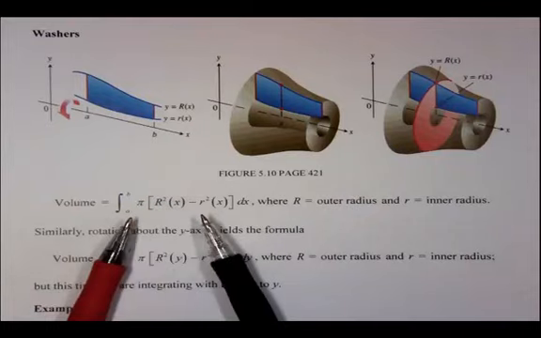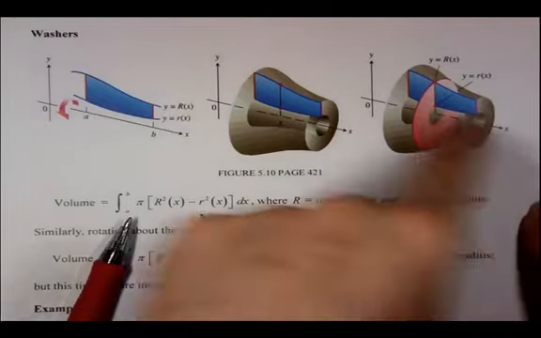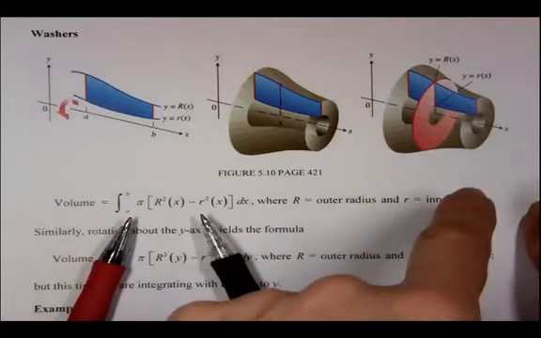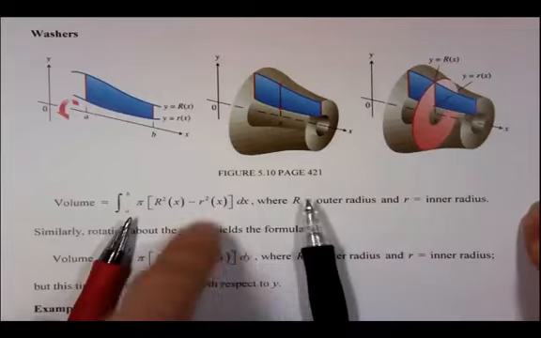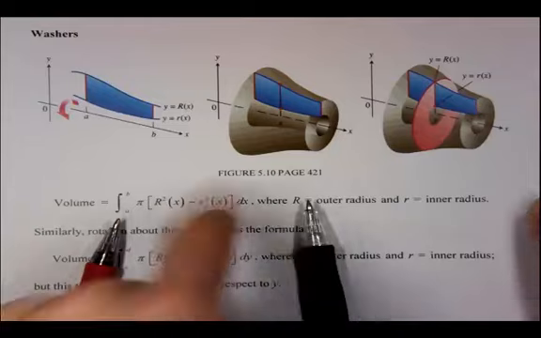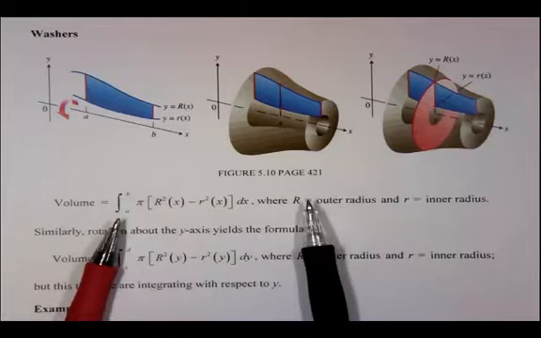But then you'd have to subtract off the bit that's missing, the sort of tube in the middle. And how would you calculate that bit there? Well, it's a volume of revolution as well. Its volume is the integral of pi little r squared. So you subtract off pi little r squared. So whether you think of it as washers or whether you think of it as the difference of two volumes, it doesn't matter. They're the same thing. They give you the same answer.